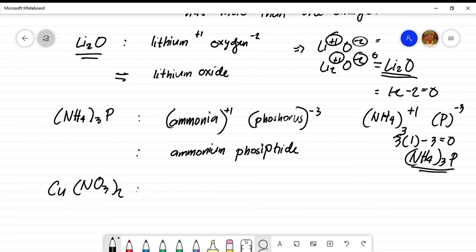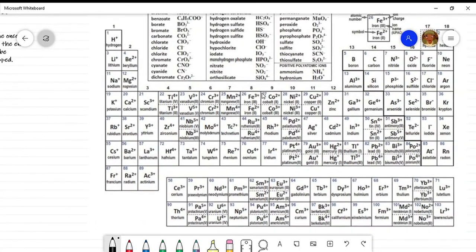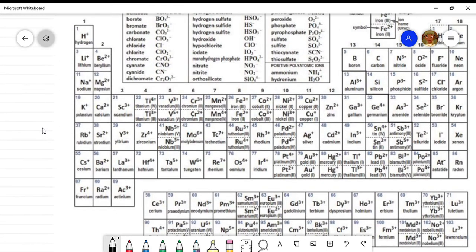So let's look at copper. Copper is a transition metal. We have discussed this before: their charge may vary depending on what's needed, and they may have two or three charges.